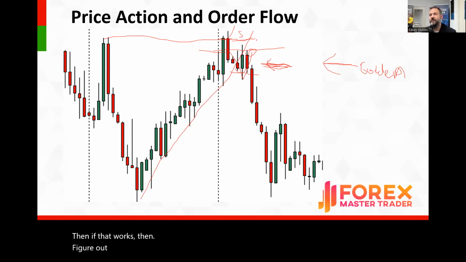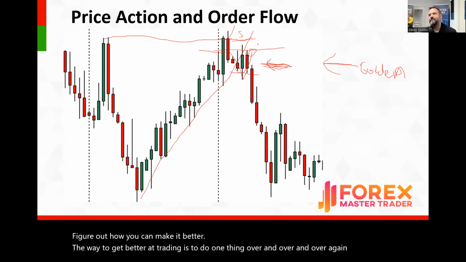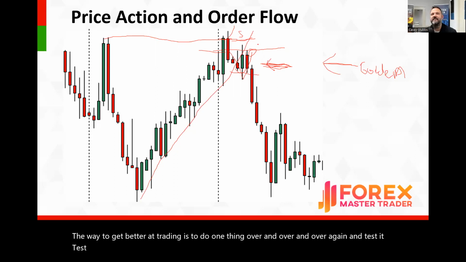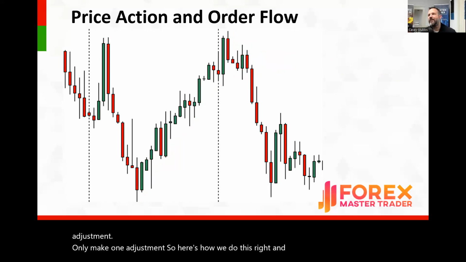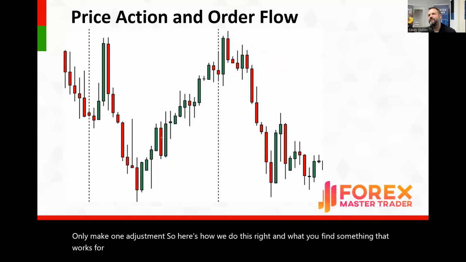The way to get better at trading is to do one thing over and over and over again and test it, and then do the same thing and adjust. And when you make an adjustment, only make one adjustment. So here's how we do this, right? You find something that works for you because you'll build up faith in it.